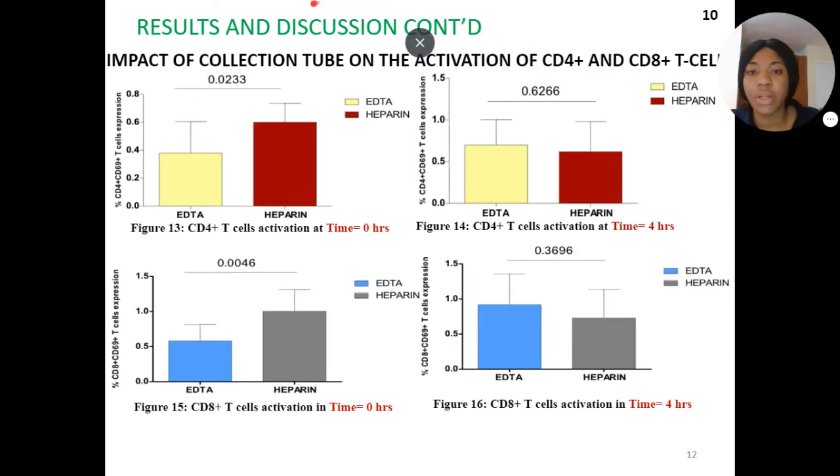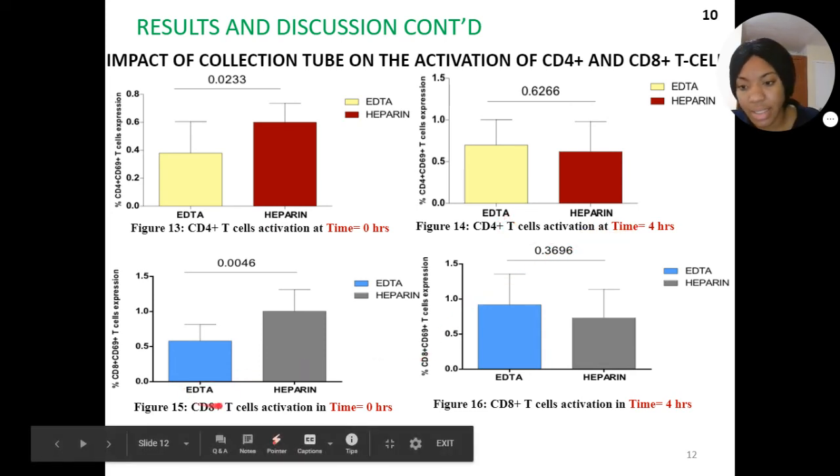Next, we investigate the impact of collection tube on the activation of CD4 and CD8 T cells. So, CD4 T cell activation at time 0, CD4 T cell activation after 4 hours, CD8 T cell activation at time 0, CD8 T cell after 4 hours.